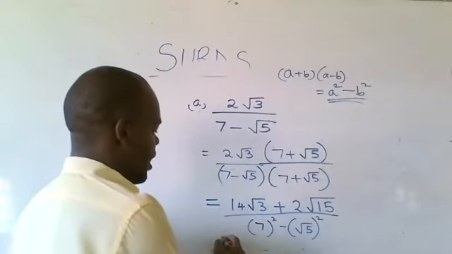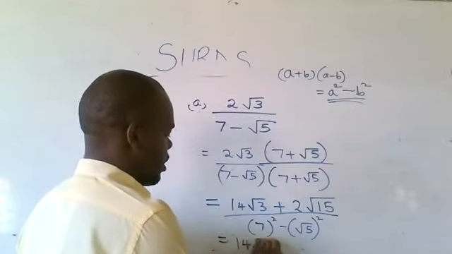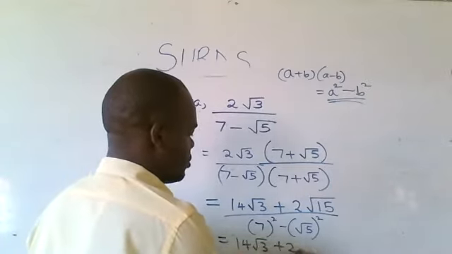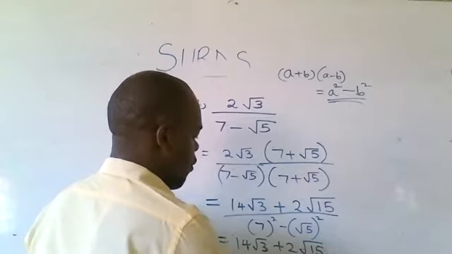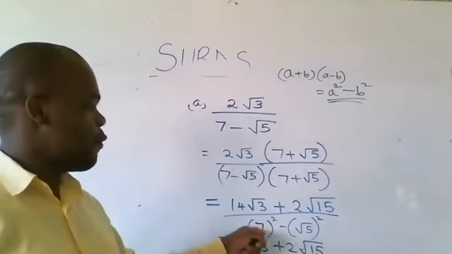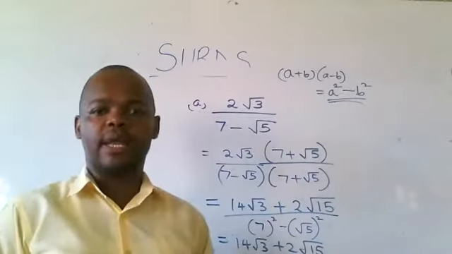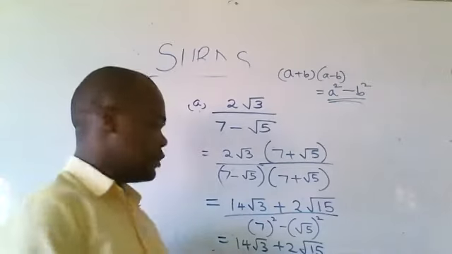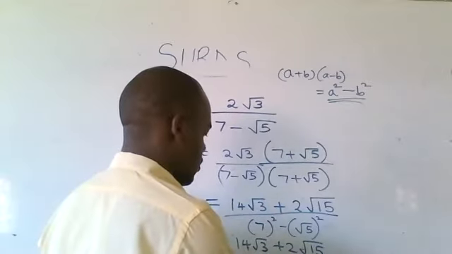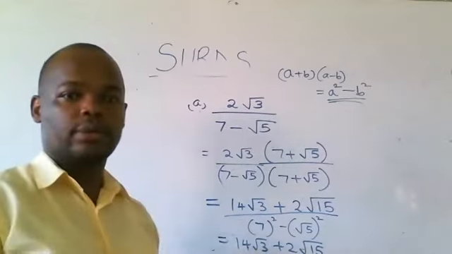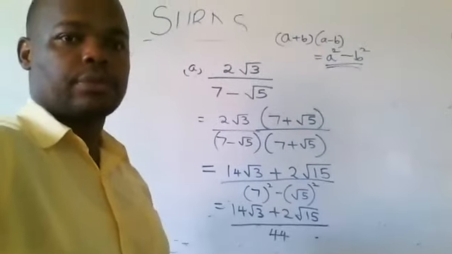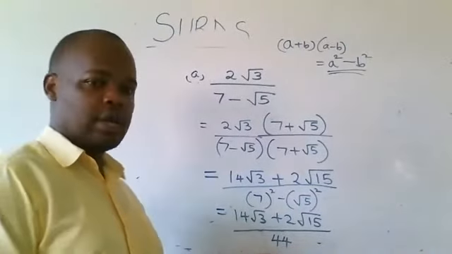And this comes to 14 square root of 3 plus 2 square root of 15 over, this is 49 minus 5, which is 44. Just check it properly, over 44.